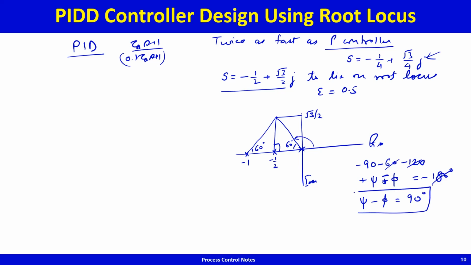Now you can see, if I choose a 0 location that is over here, then the pole will be somewhere over here, 10 times the distance. This angle is less than 90. So there is no way you can have this equation satisfied if you choose a tau d over here.